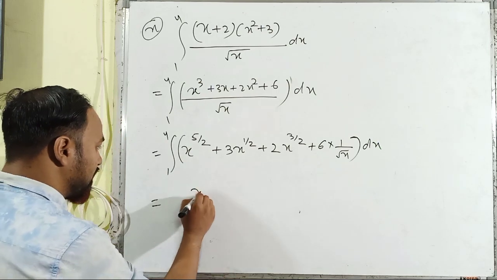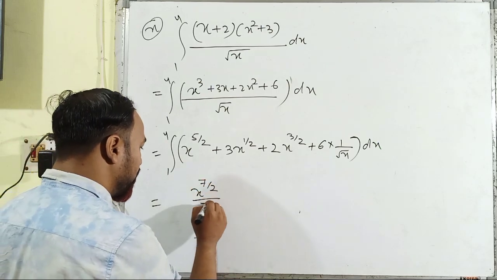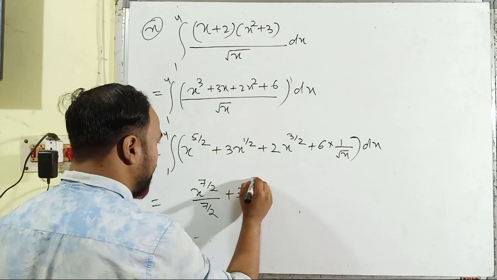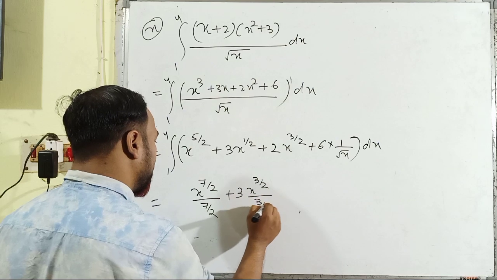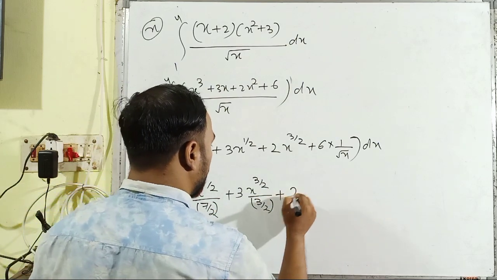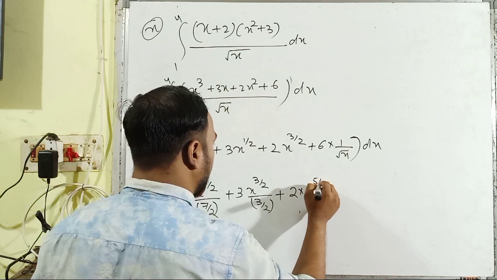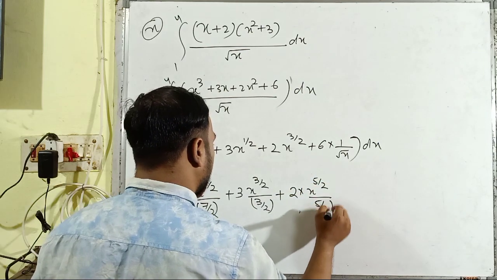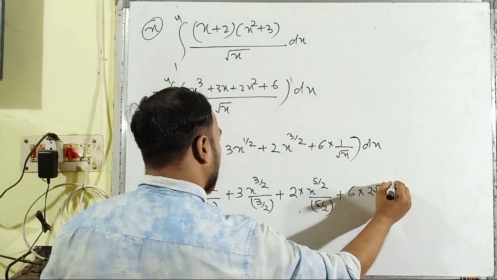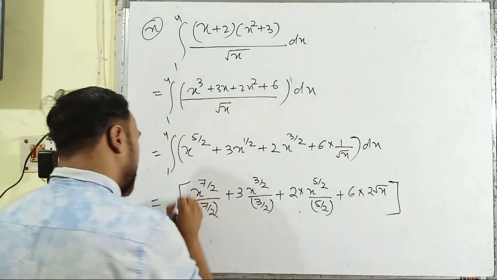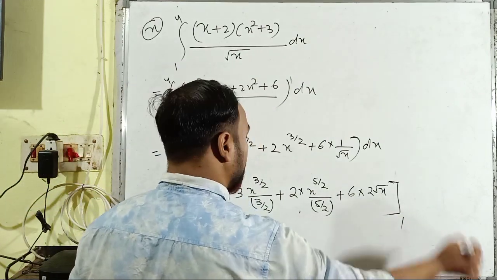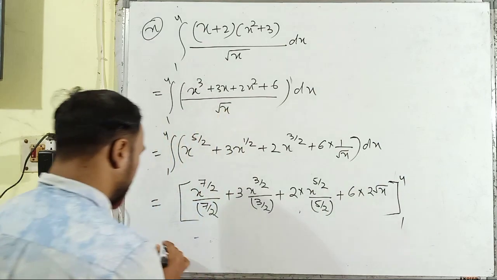Then we have to integrate all of the terms with respect to x. That means it is x to the power 7 by 2 whole divided by 7 by 2, plus 3 multiplied with x to the power 3 by 2 whole divided by 3 by 2, plus 2 multiplied with x to the power 5 by 2 whole divided by 5 by 2, plus 6 multiplied with 2 root x, within the limits from 1 up to 4.